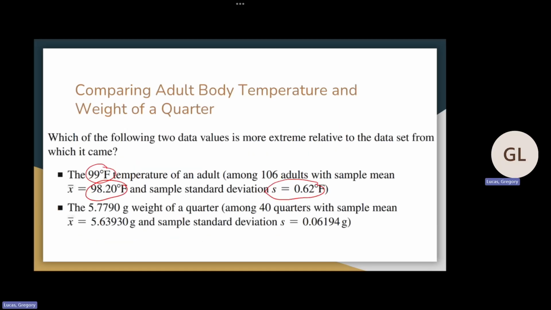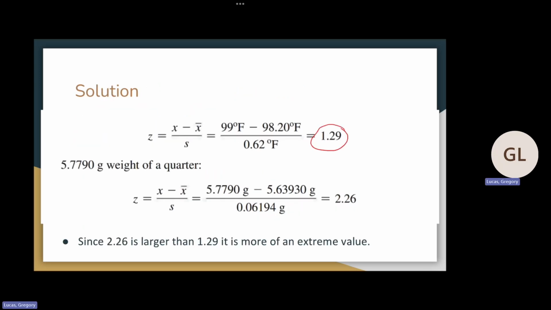If I look at the second example, 5.779 minus the mean divided by the standard deviation, we would get a z-score of 2.26.